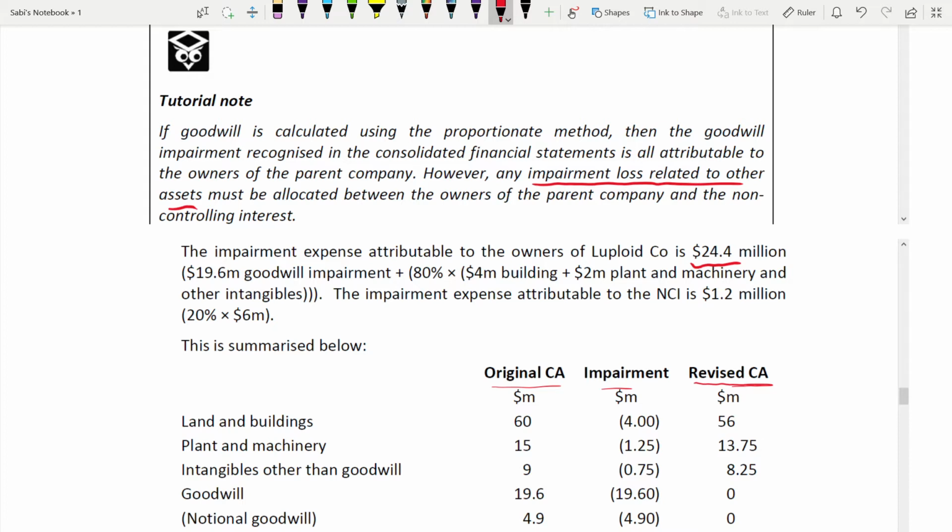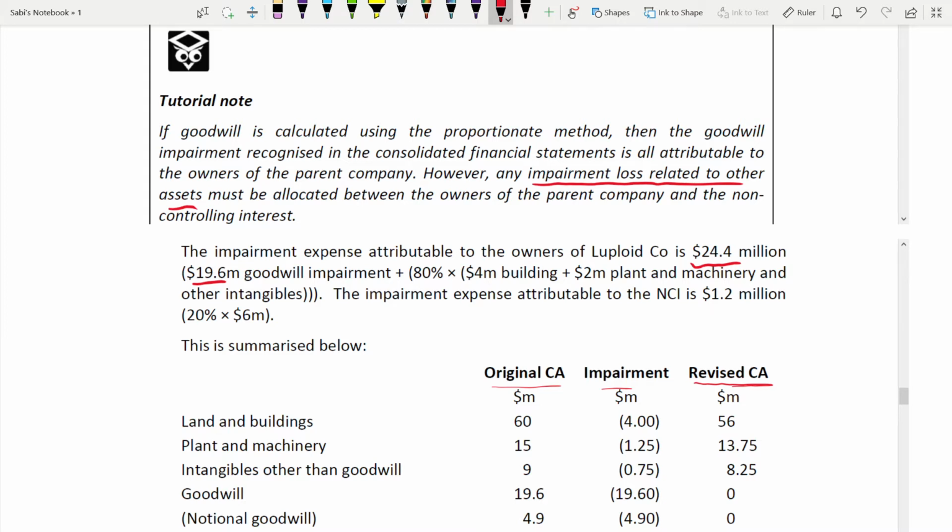How did they get 19.6 million, the goodwill impairment? This is only for the parent, but you have to take the total, out of the total only you can take.